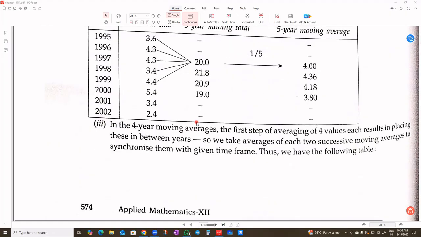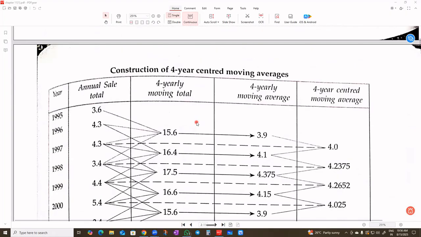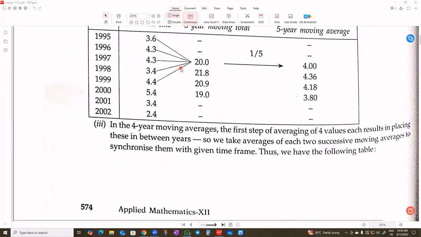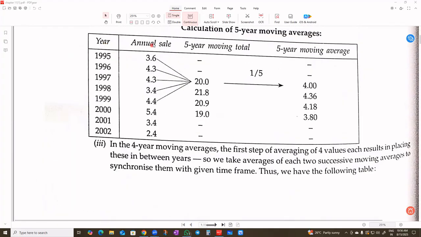Next, for the 4 years moving average, the procedure is the same. We write the years in one column, and in the second column the annual sales. How many columns do we have before? Two. These 2 columns are given in the problem.